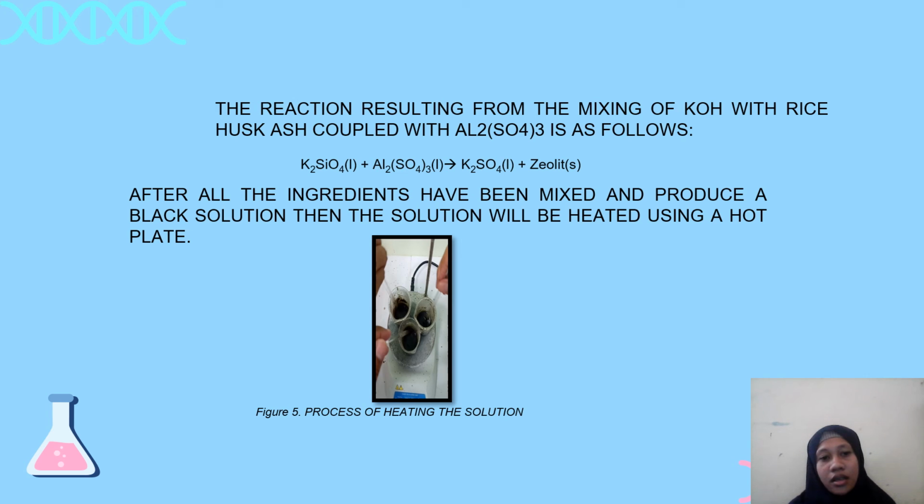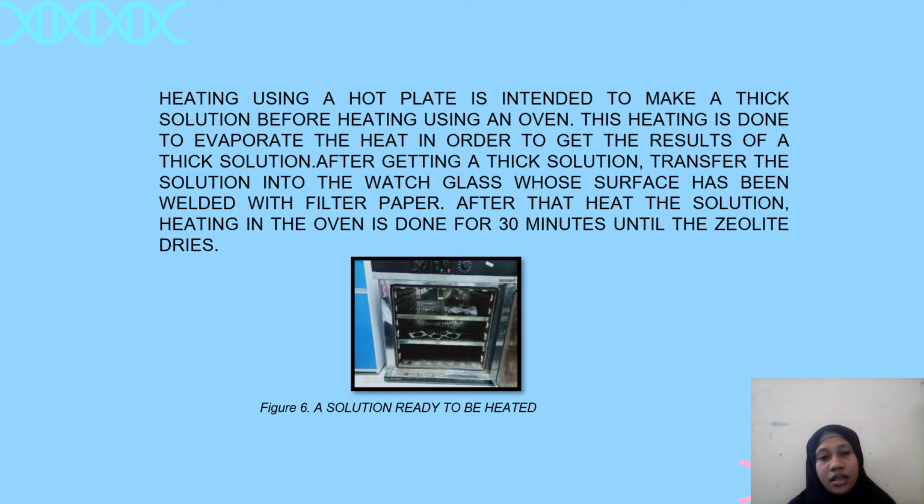After all the ingredients have been mixed and produce a black solution, the solution is heated using a hot plate. Heating using a hot plate is intended to make a thick solution before heating in the oven. This heating is done to evaporate the water in order to get a thick solution.